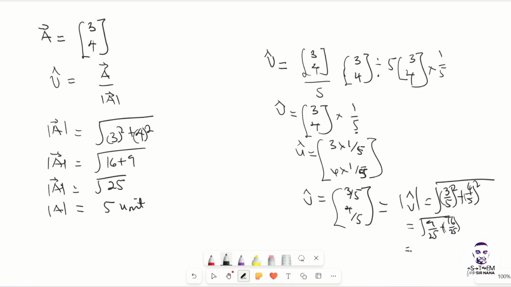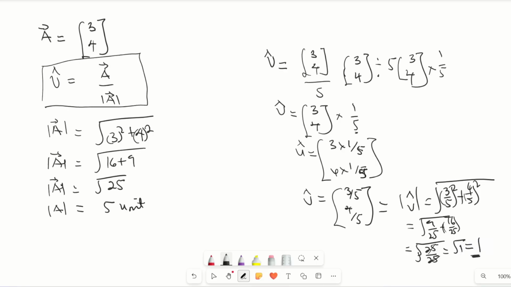That implies that we get 25 over 25, so the square root of 25 over 25 gives us 1. So we've shown that once we have a vector, when we divide it by its magnitude, we get a unit vector. This is something you'll be doing when you move forward in physics, so you have to go through it so that it helps you.